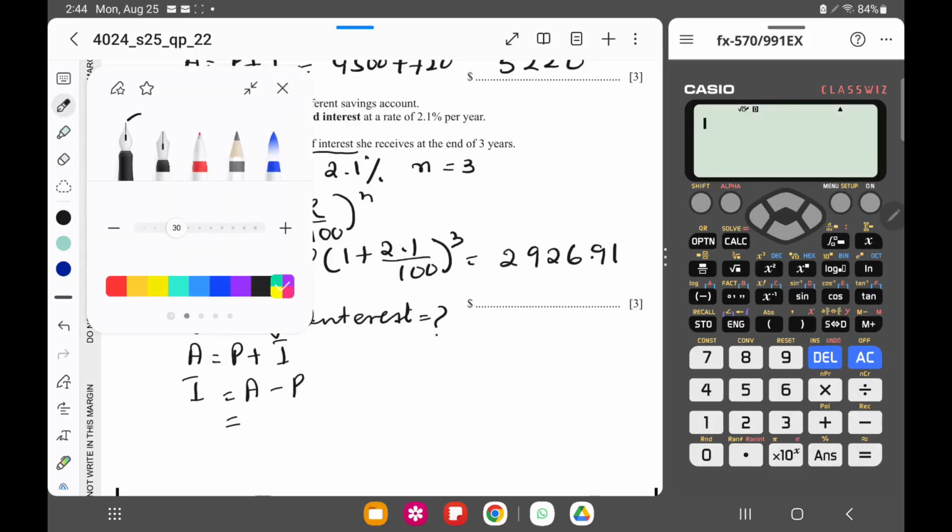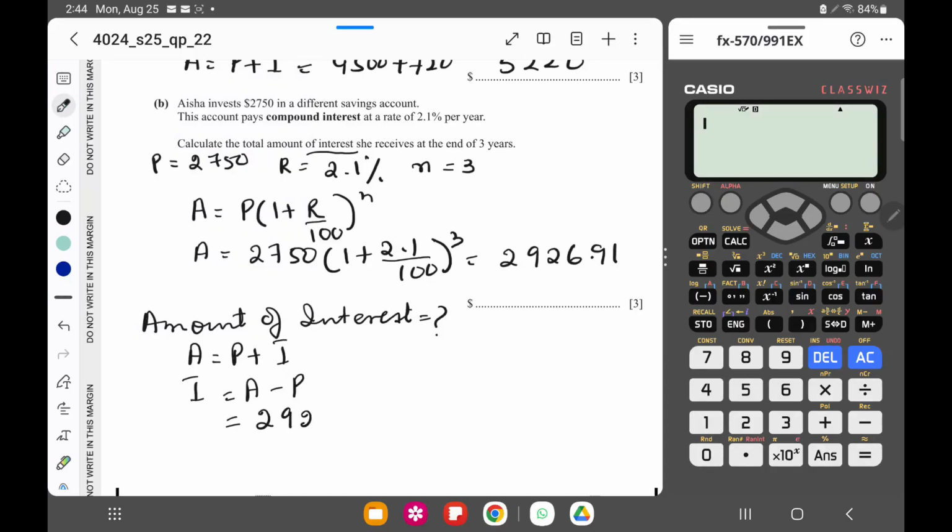So that is 2,926.91 minus 2,750, which equals 176.91 dollars. It was a 3 marks question.